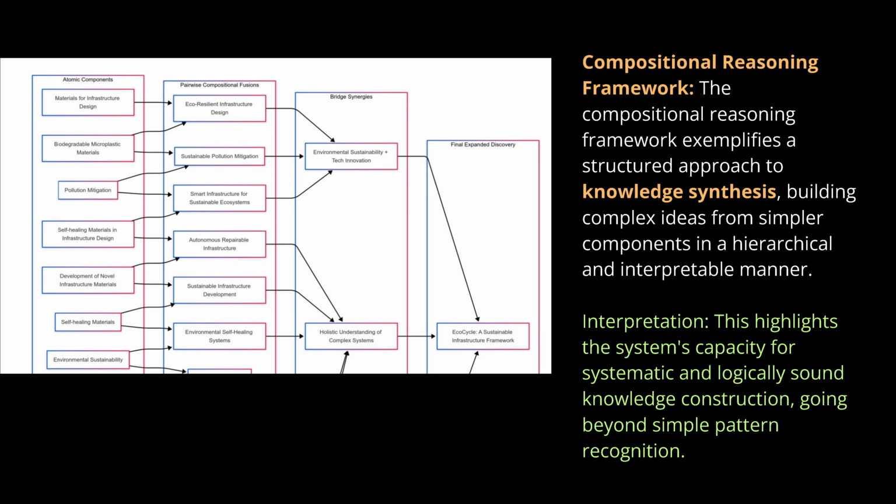And now the question is: is this complexity level determined by the complexity capabilities of our AI agent, or is it somewhere in between the AI agent and the emerging features on the knowledge graph? I can't even give you a feeling from my side because I don't know. The interpretation here highlights the system's capacity for systematic and logically sound knowledge construction, going beyond simple pattern recognition.